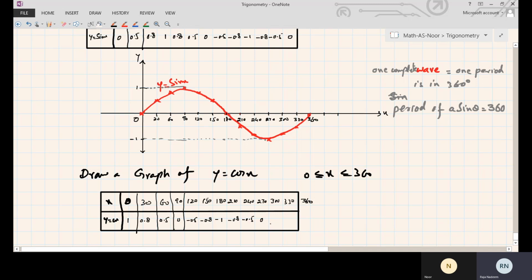Cos of 300, 300 is 60, so it is in the fourth quadrant, plus 0.5, and this is 0.8, and cos of 0 is 1. 360 is 1.